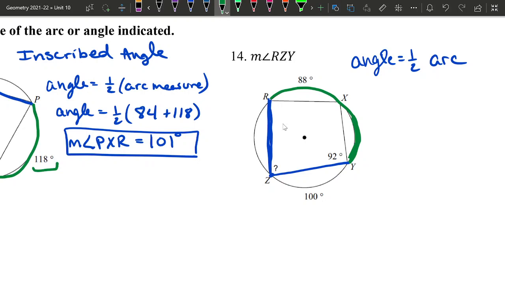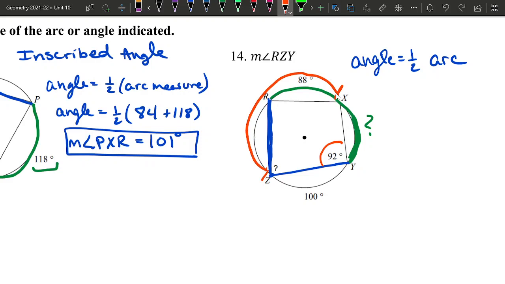All right, so this one's a little different because I don't know the entire arc. I don't know this section over here. So you have to look at this one a little differently. But if I see it's at 92 degrees, so if I look at the angle for 92 degrees, it has this arc.